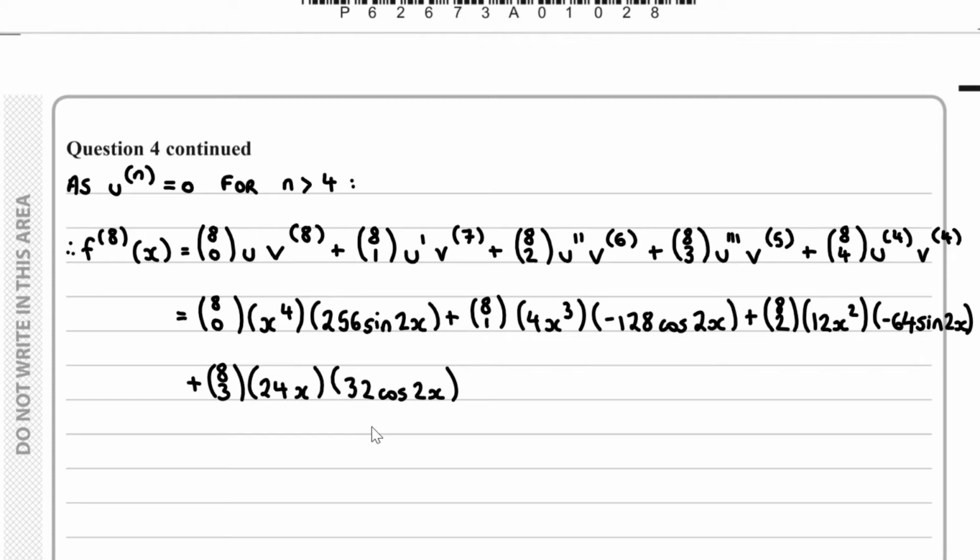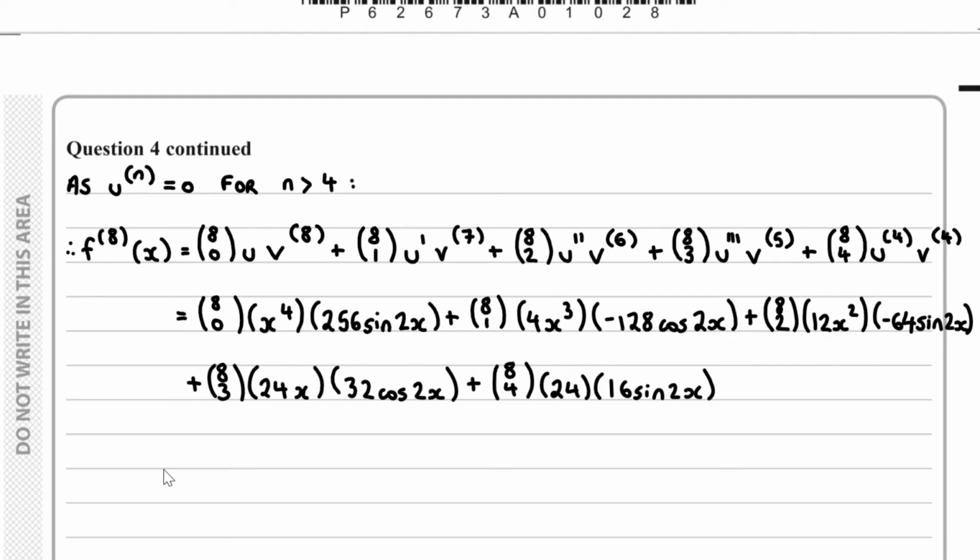And then we have 8 choose 4 multiplied by the 4th derivative of u, which is 24, multiplied by the 4th derivative of v, which is 16, times the sine of 2x.